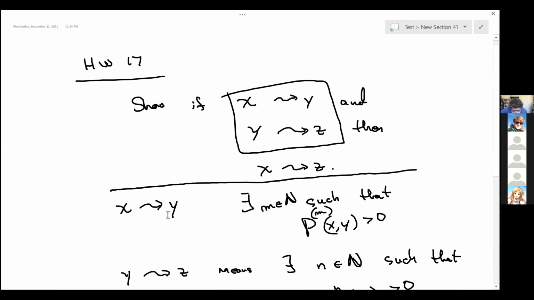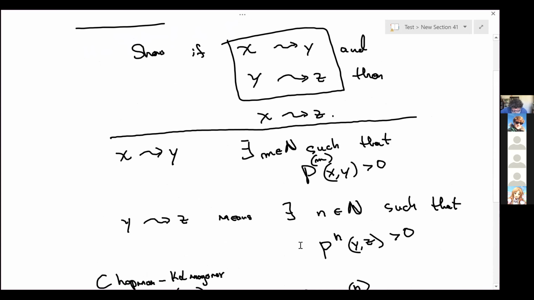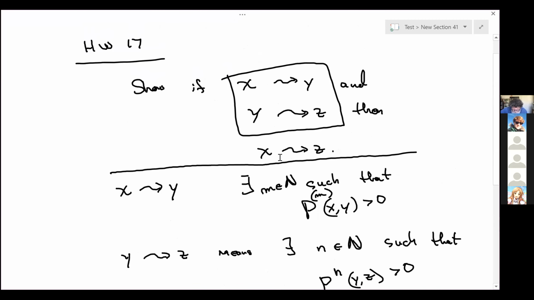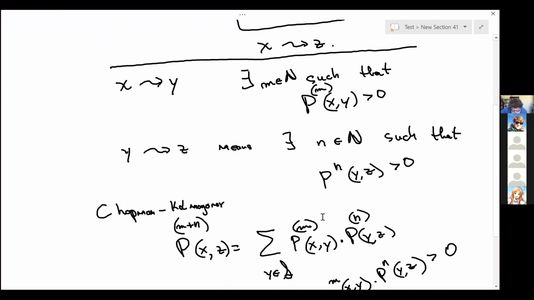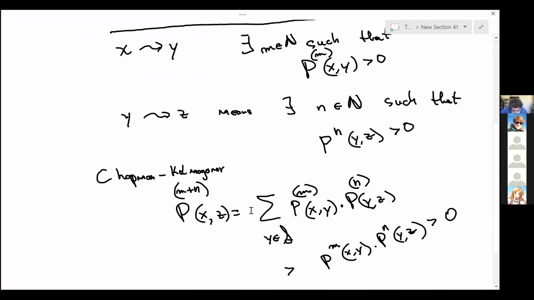So there's a positive probability going from X to Y in m steps, and there's a positive probability of going from Y to Z in n steps. And you're trying to show there's a positive probability of going from here to here in some integer number of steps. And I'm using the Chapman-Kolmogorov equation to say, well, that's sort of what it gives me. It tells me the chance of going from the first state to the last state in this much time. So all I have to do is argue that there's an m and n that makes this positive.